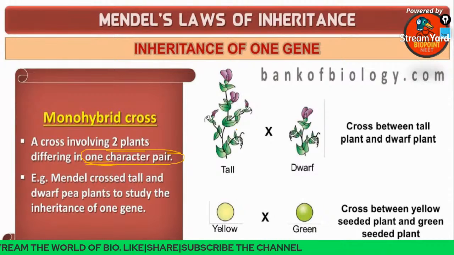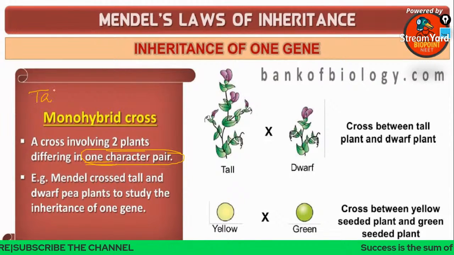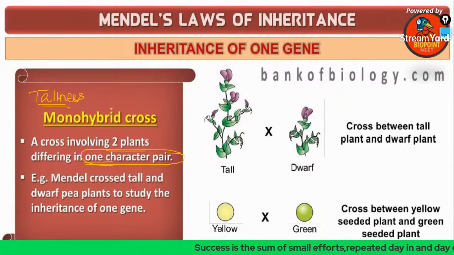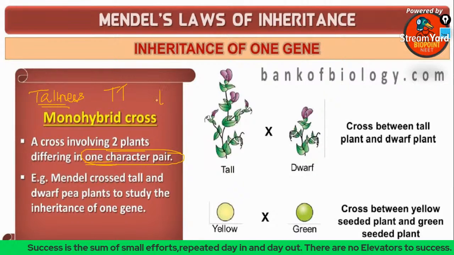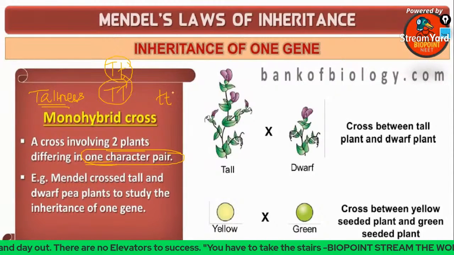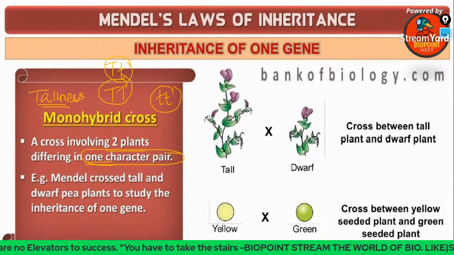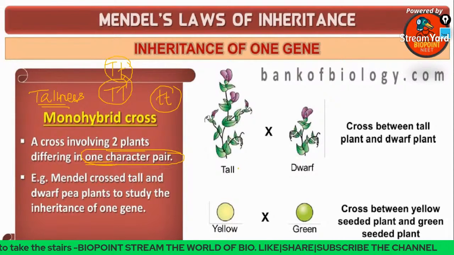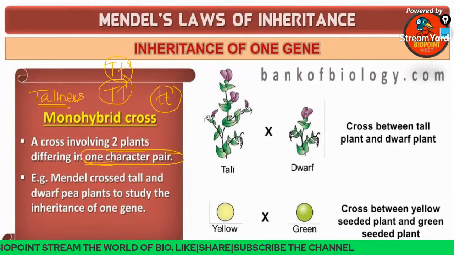For example, if you are taking tallness as the character, capital T indicates tallness and small t indicates dwarf plant. If you are taking only one particular character for crossing, then that is said to be a monohybrid cross.